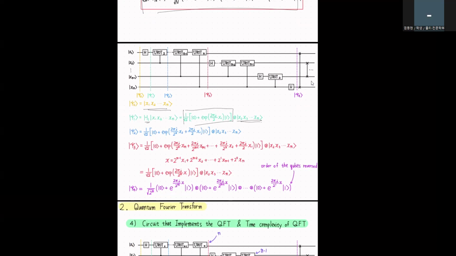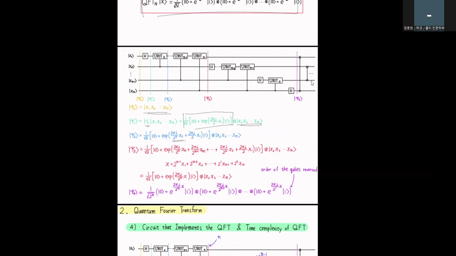Then with psi 2, we apply this controlled unitary rotation, which rotates it by an extra angle over here, x2. And so we continue adding controlled rotations here to rotate this angle until the correct value of x is applied.